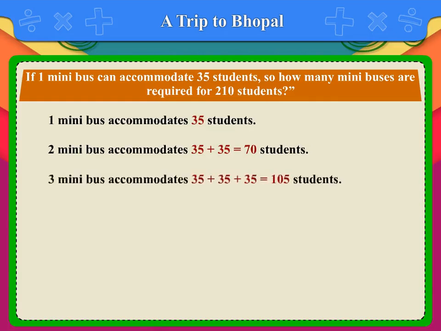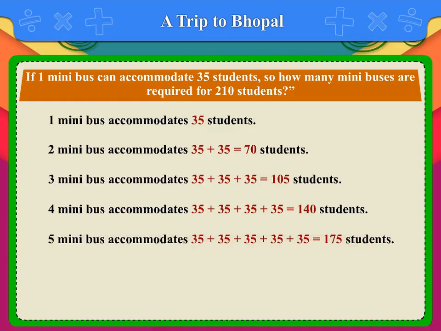Similarly, 3 minibuses accommodate 35 plus 35 plus 35 is equal to 105 students. 4 minibuses accommodate 35 plus 35 plus 35 plus 35 is equal to 140 students.